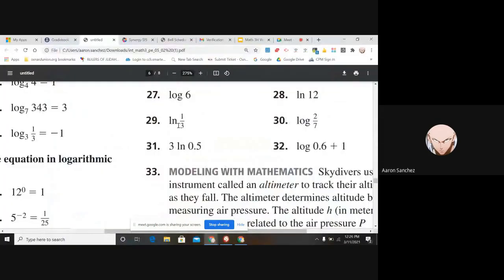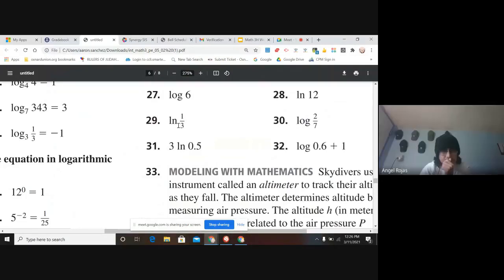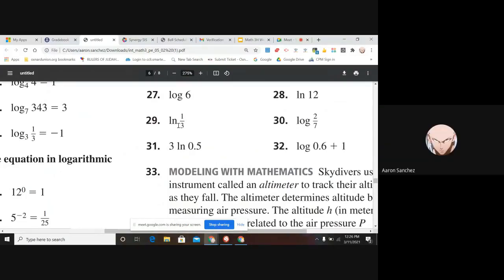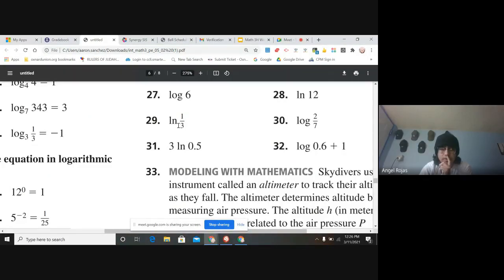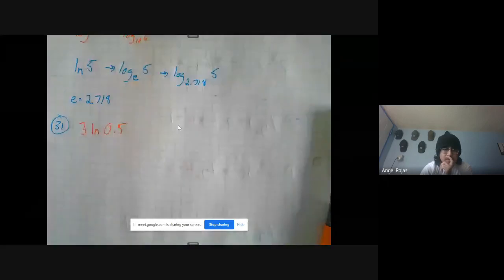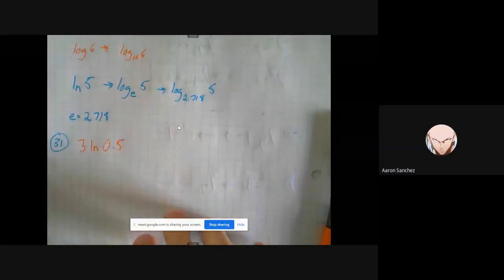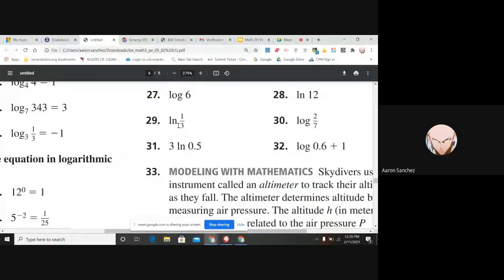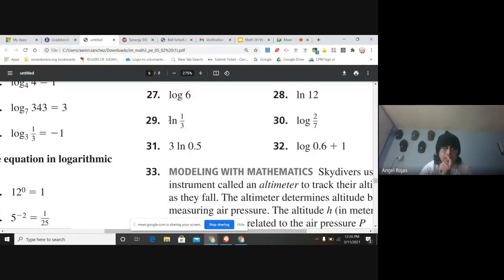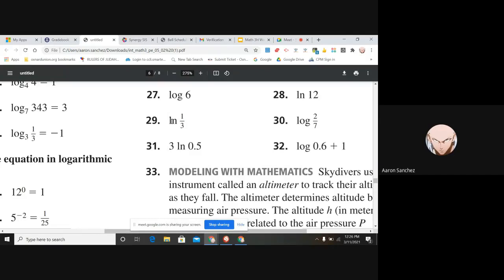So let's do 31. Was that too fast? Let me know if I need to go back. Wait, what does ln stand for? Oh, this is ln. It's just natural log.